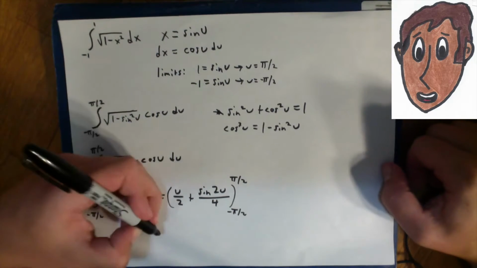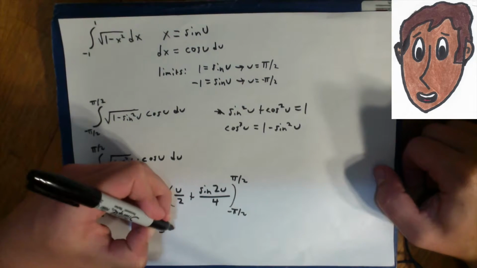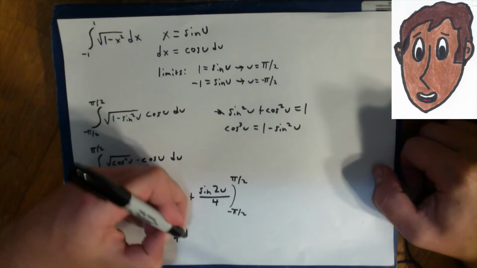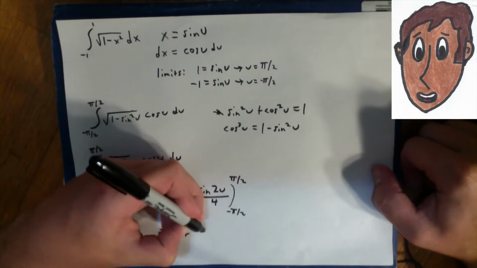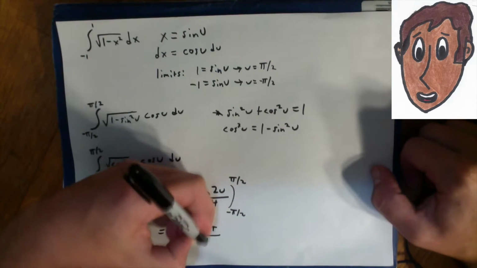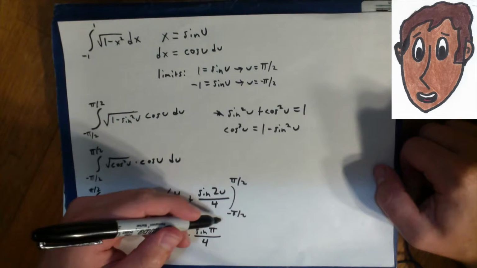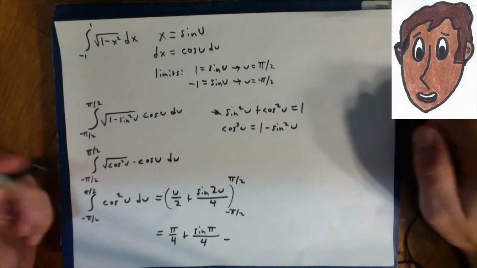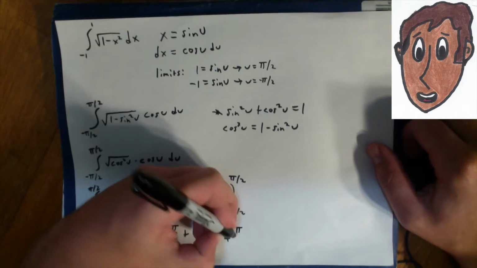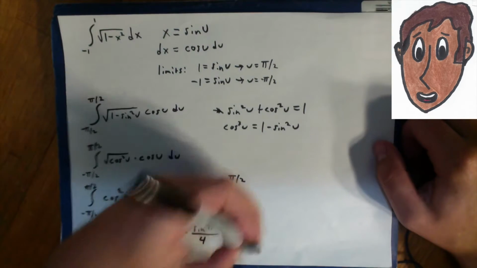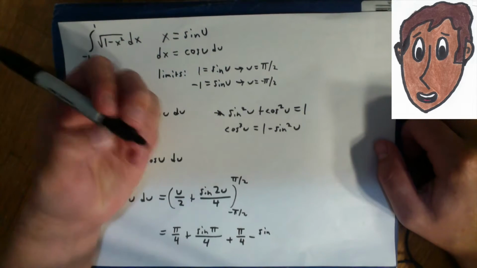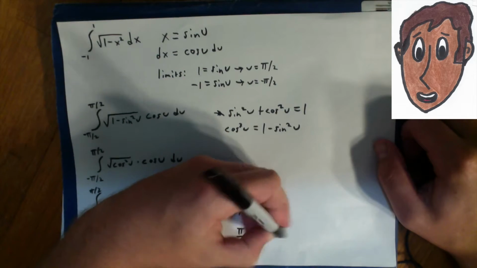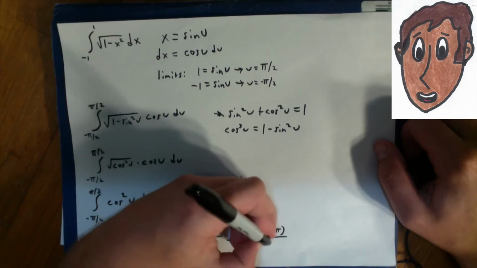That's going to be equal to pi over 4, plugging in our upper bound, plus sine of pi over 4. Now we have the lower bound, which we subtract, but since it's a negative, we get a plus for this term, pi over 4. And then we get a minus sine of negative pi over 4.